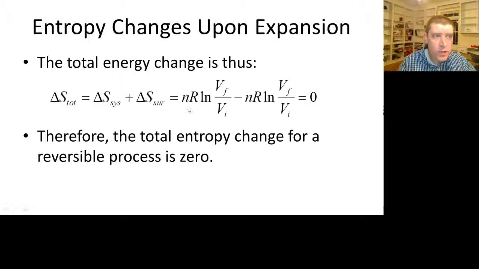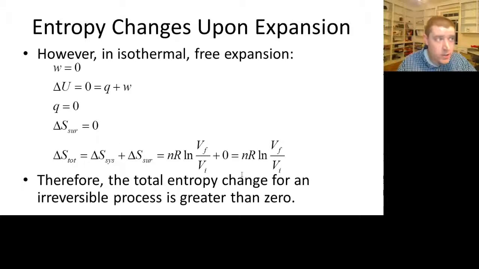Now we can combine the entropy change for the system, which we saw a couple of slides ago, plus the entropy change for the surroundings, which was negative that same value. When these two values add together, we get a value of 0. So the total entropy change is 0 for a reversible process, only a reversible process.